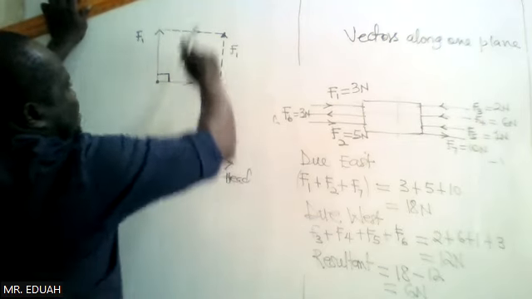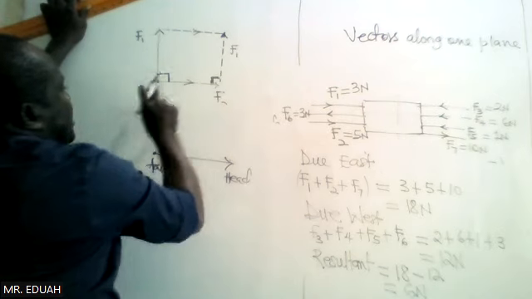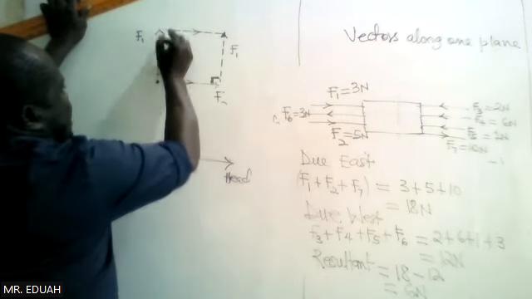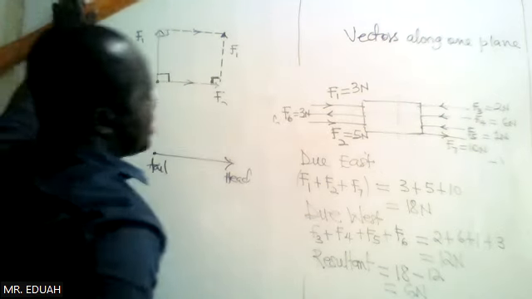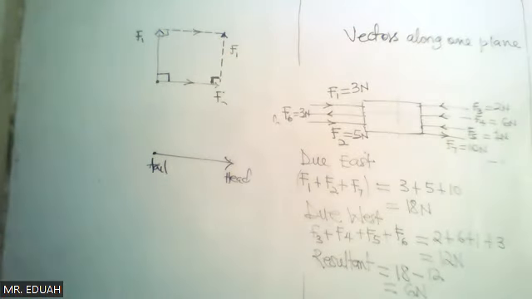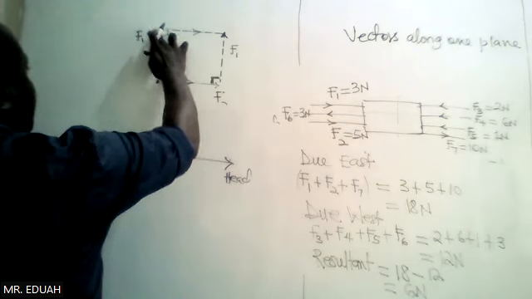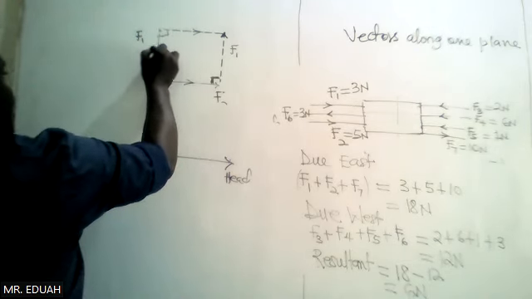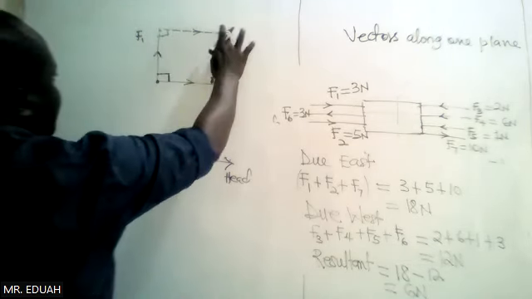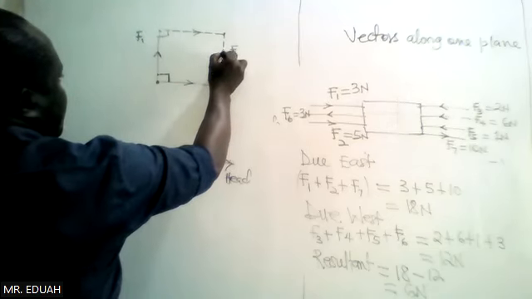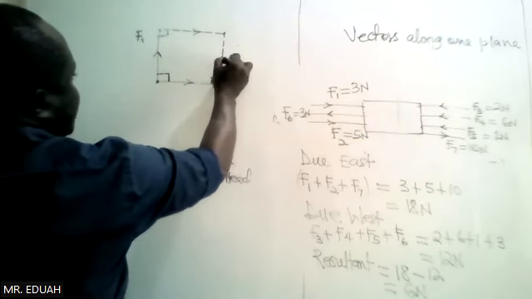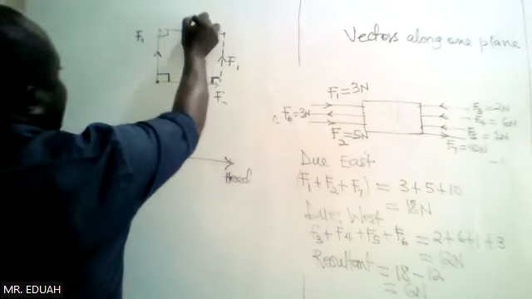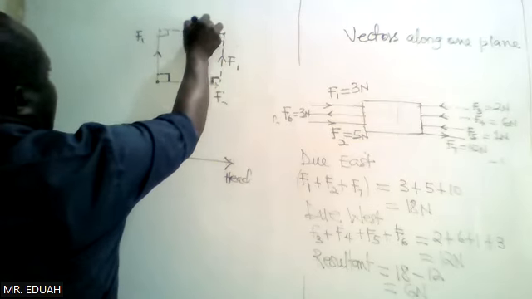And this is parallel to this. The angle between this and this is 90, so this must also be 90. Let me bring the arrow to the middle. So this is F1 and this is also F2.